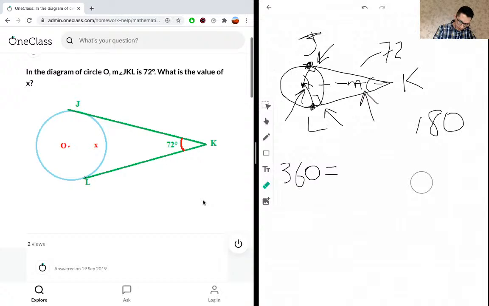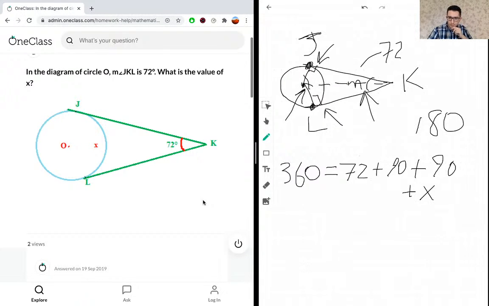So we said we have 72 plus 90. Actually, this might get confusing, so I'll just leave them separate. And we also have X.